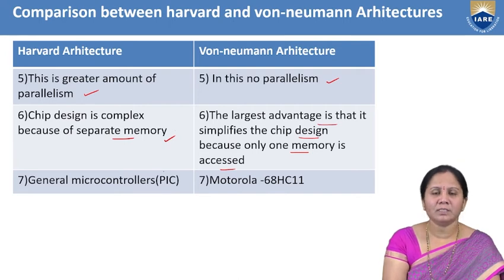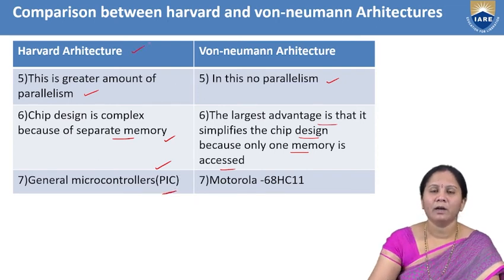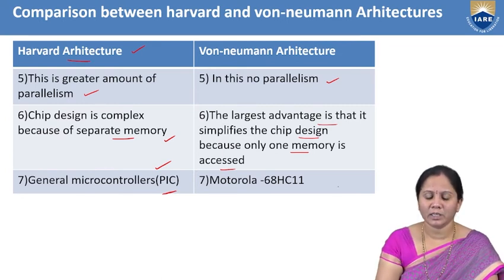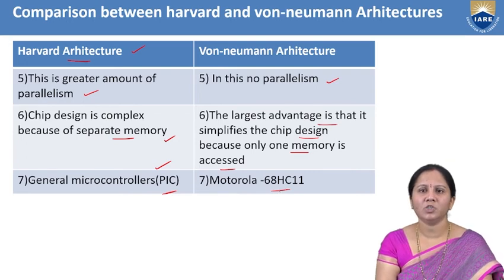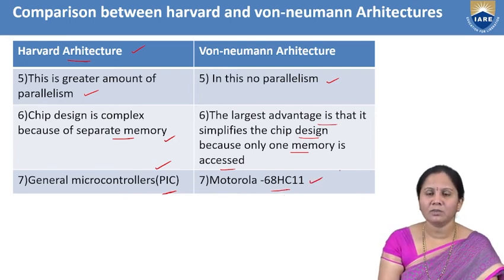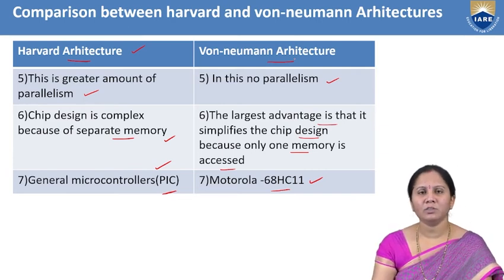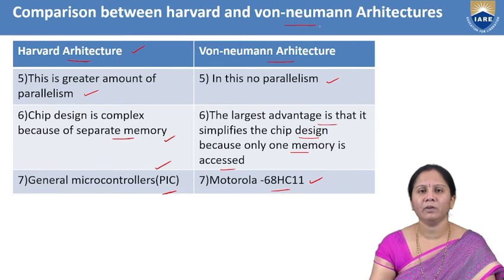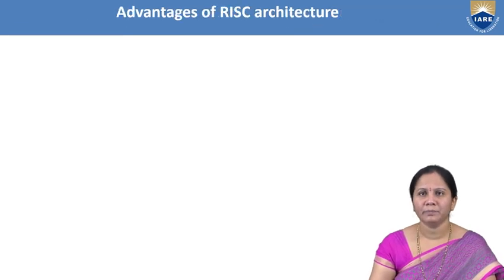If we consider hardware architecture, general microcontrollers like PIC are designed based on the hardware architecture, whereas processors like Motorola 68HC11 are designed based on the Von-Neumann architecture. So these are some of the differences between hardware and Von-Neumann architecture.